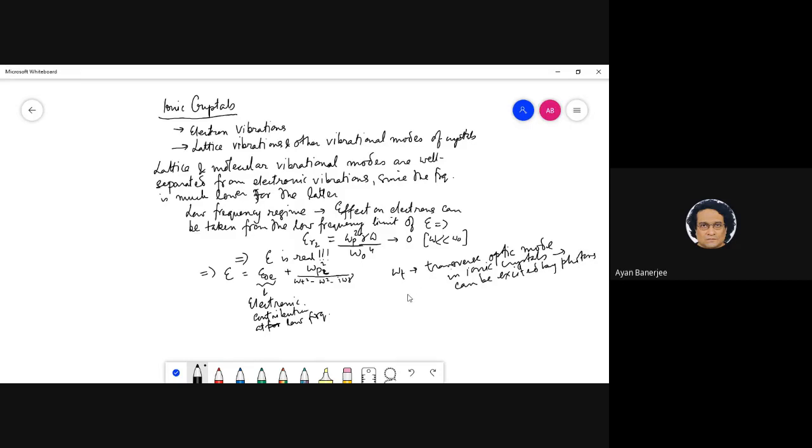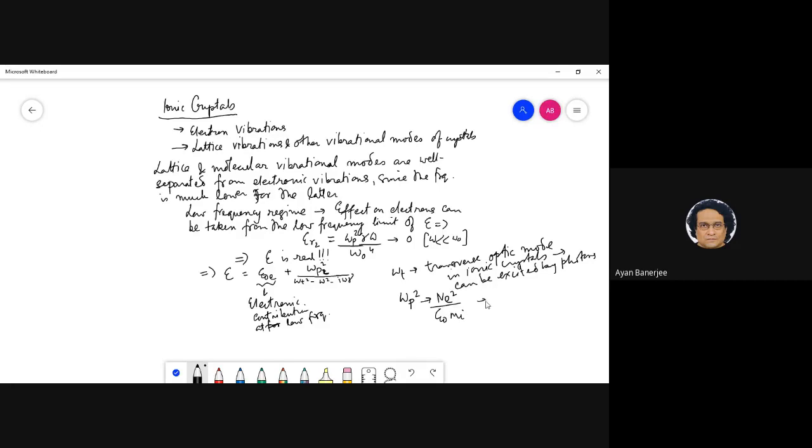It's like a resonance frequency, but this omega p square is again like the plasma frequency. But now what is important is that this definition is now given by mi, the mass of ion, replacing the electron mass.